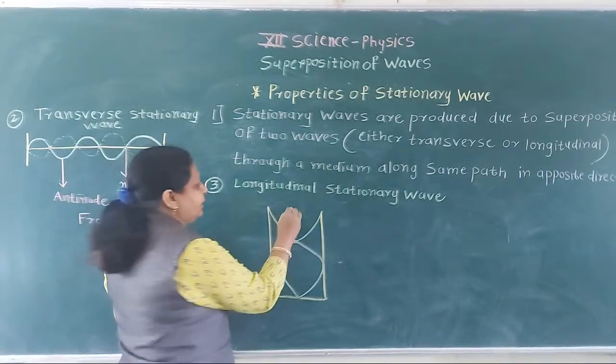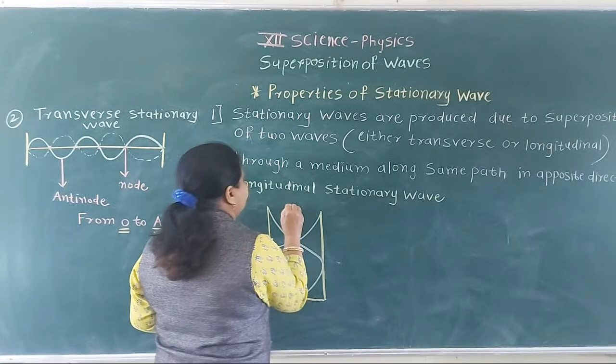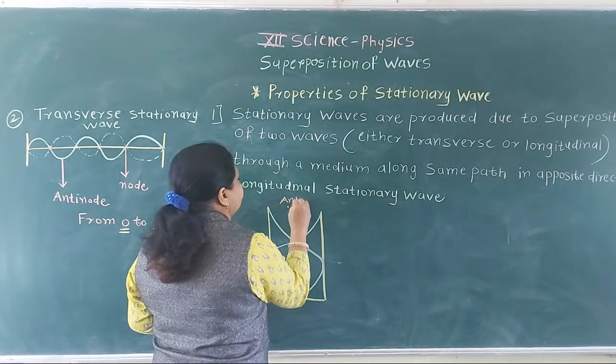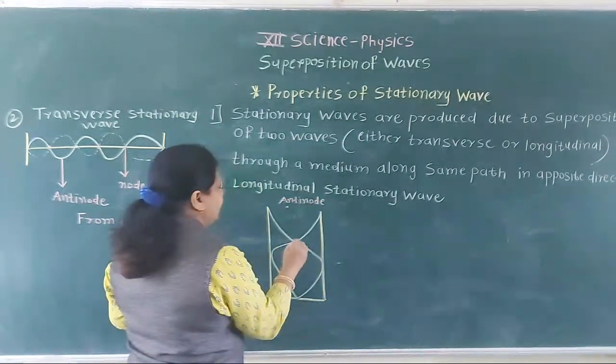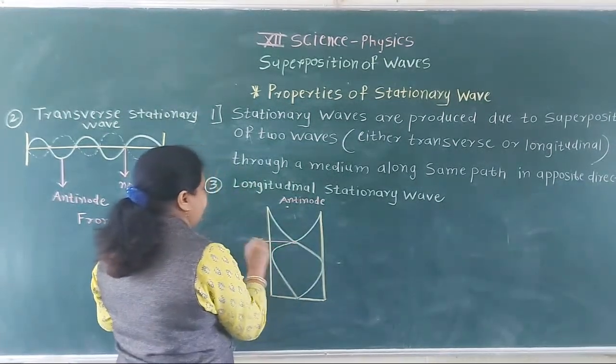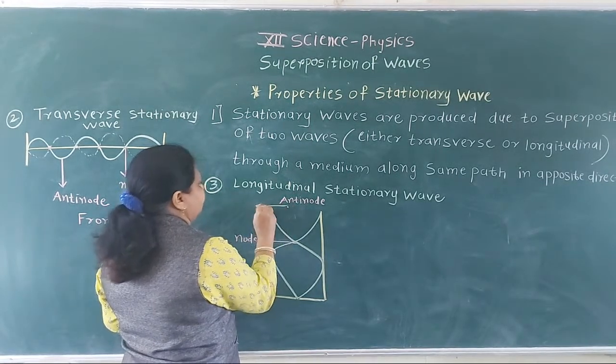So the point is here. This point is antinode. This point is node. This point is antinode.